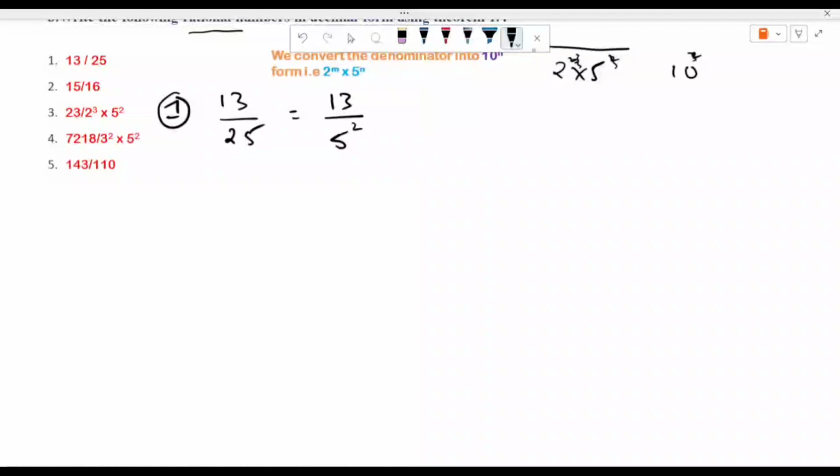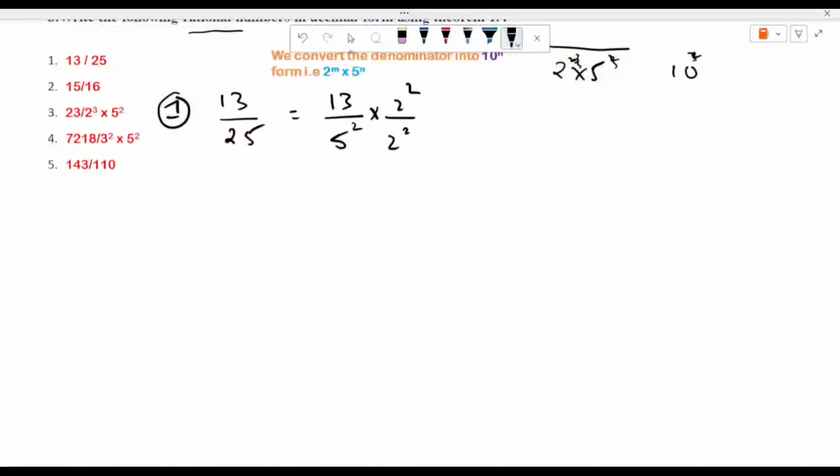What about 2? There is no 2 here. So I will multiply and divide by 2 square. Why 2 square? Why not 2 cube, why not 2 to the power of 4? Because it depends on the power on 5, which is square.